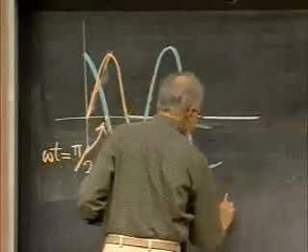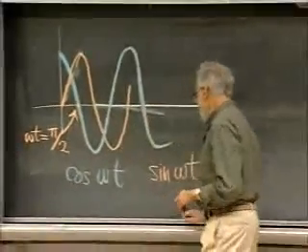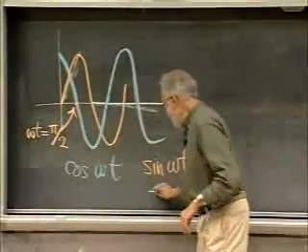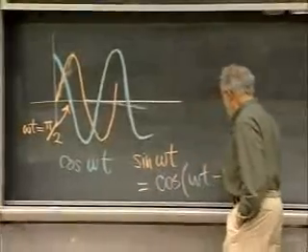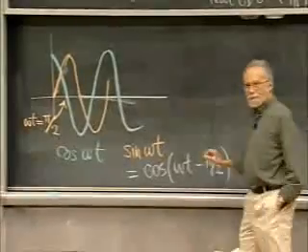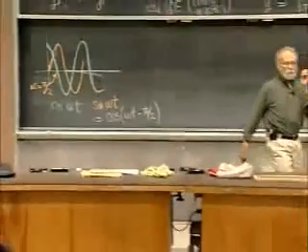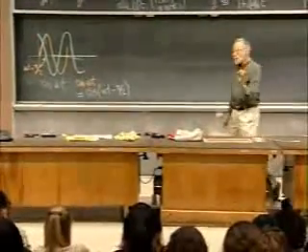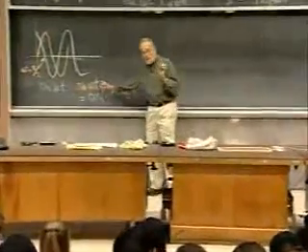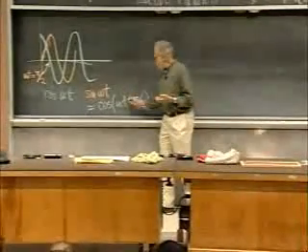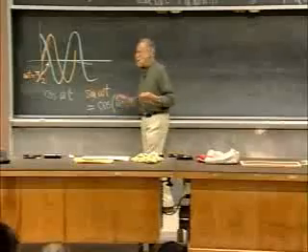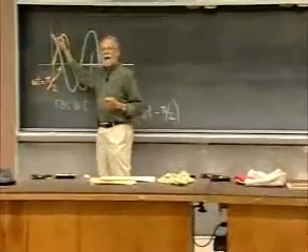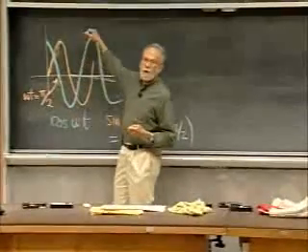So this is sine omega t, the yellow thing, but that's also, in another life, cosine of omega t minus pi over 2. The main thing is you don't subtract the pi over 2 from the t. It's being subtracted from the whole expression, and this whole expression represents an angle which tells you where you are in the travel along cosine t.